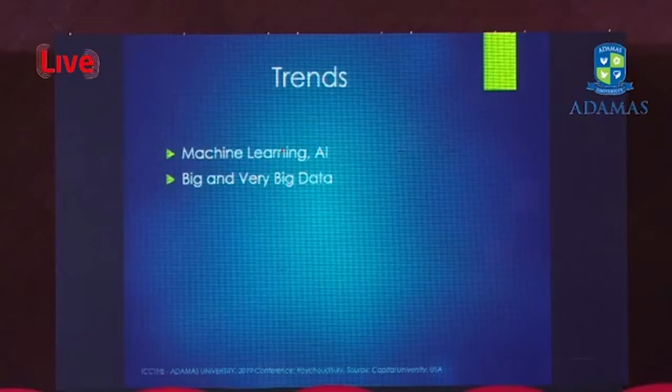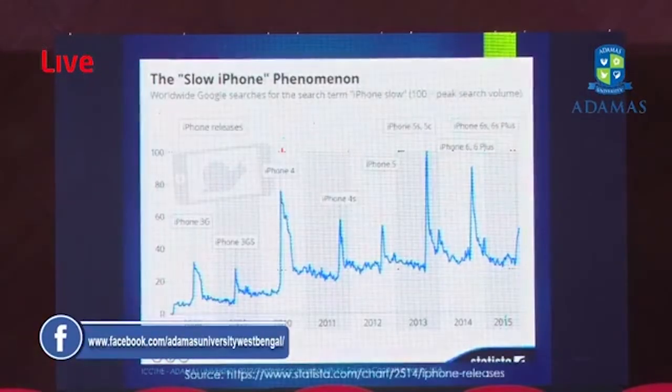But at least there are some ready-made packages which you can use to actually look at big data. So one example is an interesting trend, and it's called the slow iPhone phenomenon. So you see, this is Google Trends, and if you go to Google Trends, you can search a keyword, and it will show you how much of the search is happening. India World Champions, if you do it, before the World Cup, you might see it spike up, right? So this was the search of slow iPhone, and there were these pockets where the search actually went up a lot.